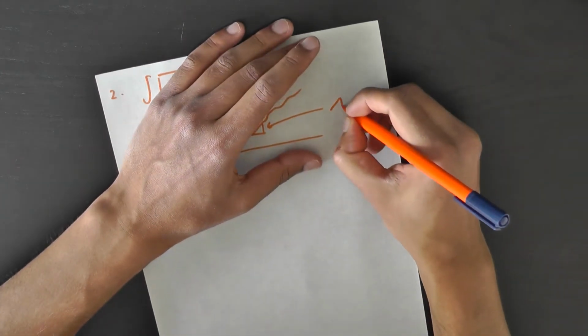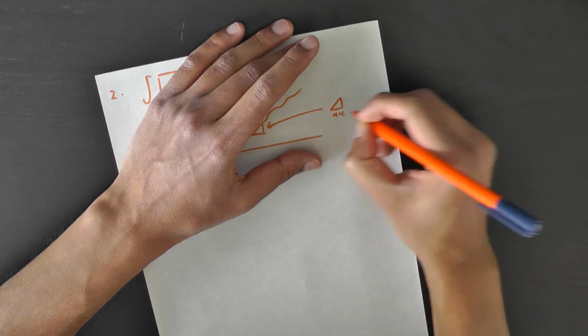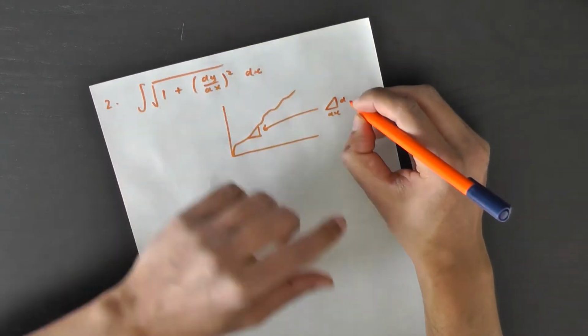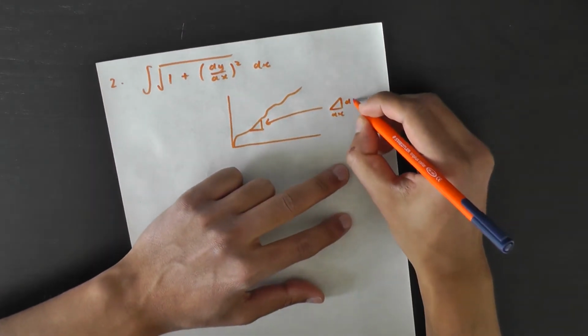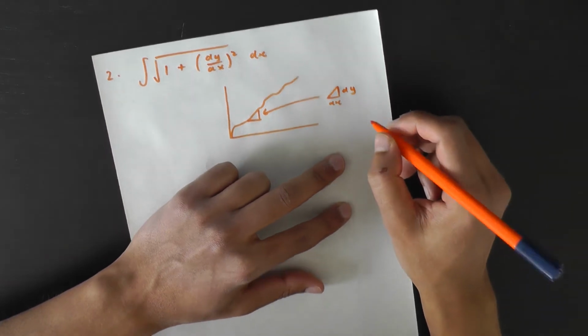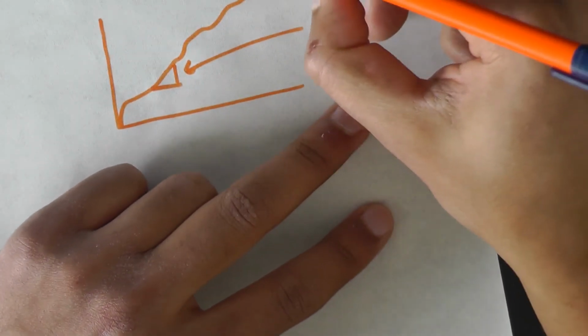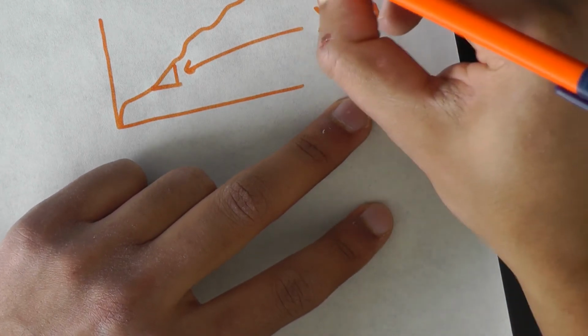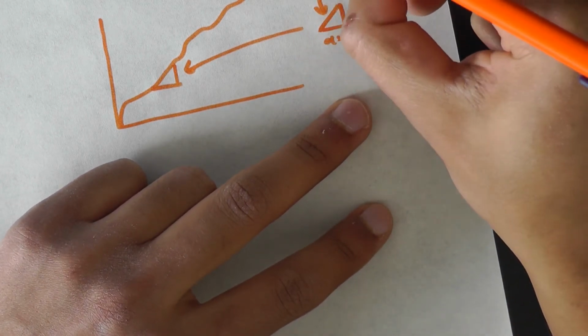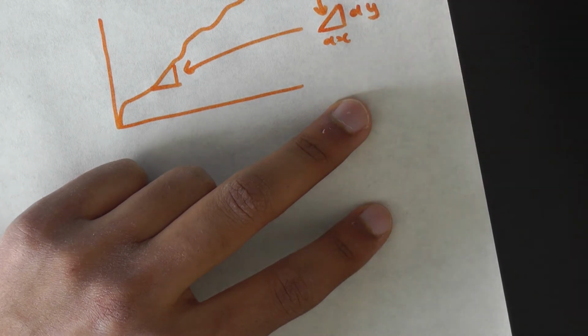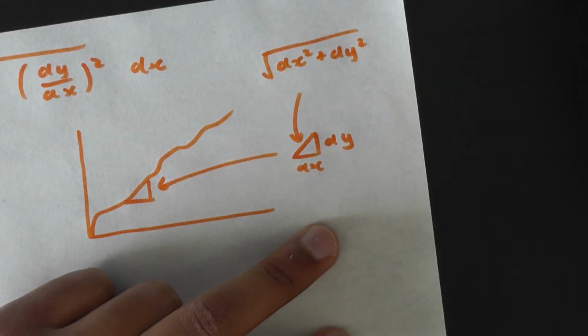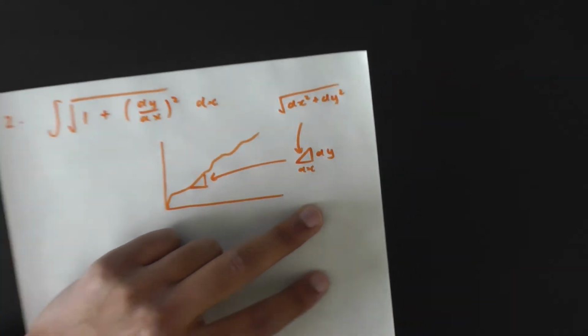So it looks something like this. That's a small change in x and a small change in y, and that equals dx squared plus dy squared according to Pythagoras' theorem.